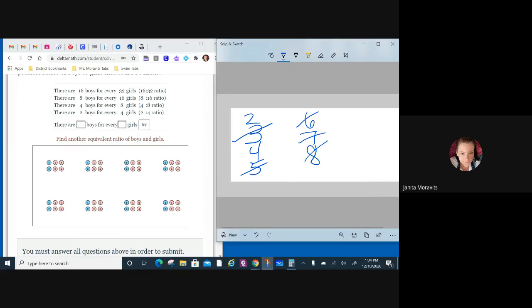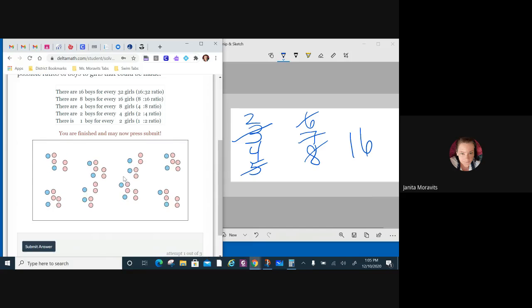All right, now let's just count up. 9 is not going to do it. 10 won't do it. 11 won't do it. 12 won't do it. Neither will 13, 14, or 15, but 16 will, because 16 divided by 16 is 1, and 32 divided by 16 is 2. So let's try that.